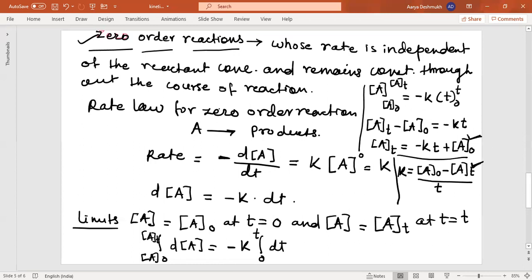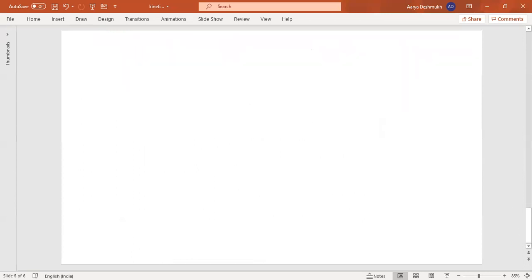Now we'll go for the units of this K, because we have written this equation in terms of K, the rate constant. So now we'll try to find out the unit for K. I'll write this equation again. K equals concentration of A at 0 time minus concentration of A at t time divided by t, isn't it?